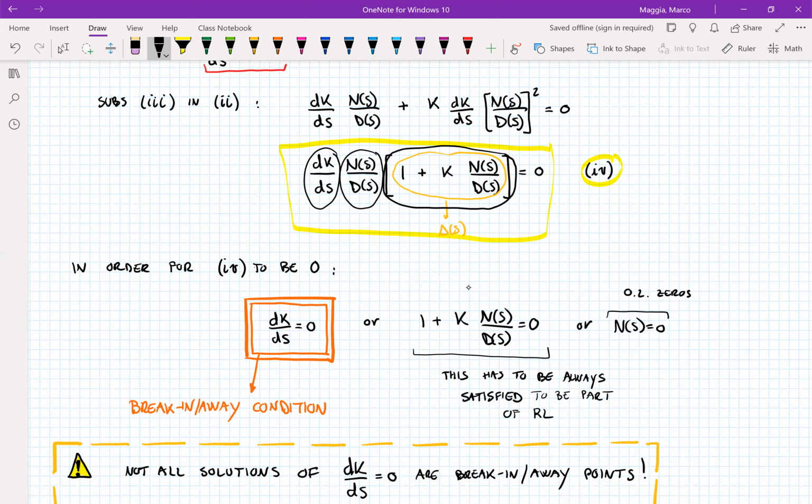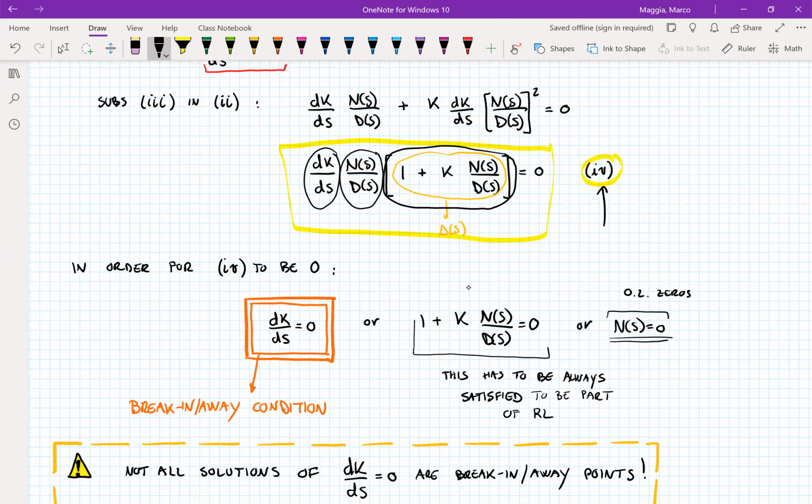Well, let's just take a look at the last two. n of s equals 0. Well, those are just the open loop zeros, so they're not necessarily equal to the break-in or breakaway points. It still satisfies the equation, but if you just solve for n of s equals 0, you're just getting the open loop zeros.